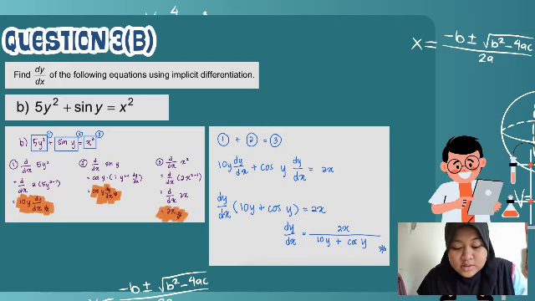So our second differentiated term is sin y d per dx. In here, the sin y, we can replace it with cos y, because the formula is d per dx sin y equals cos y.